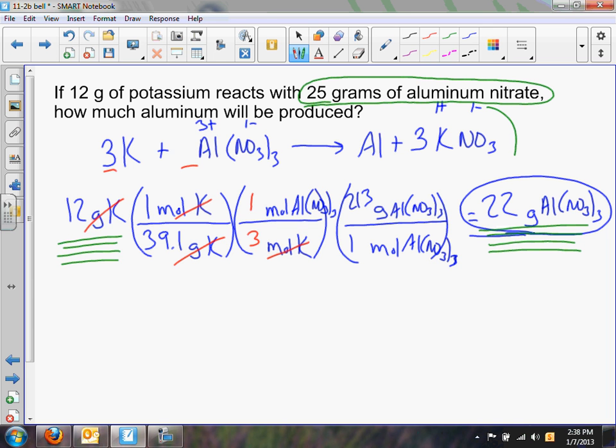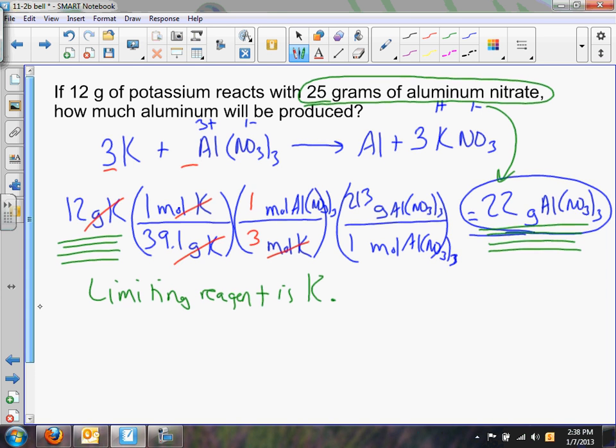I only need 22, so I will not run out of the aluminum nitrate. I've got plenty. That means I must run out of the potassium. So my limiting reagent is potassium. That is the substance I'm going to run out of.